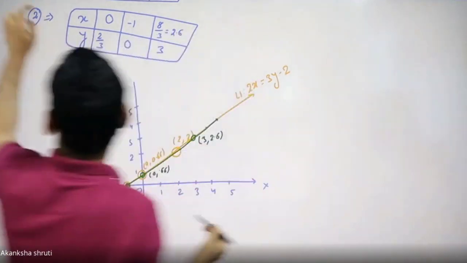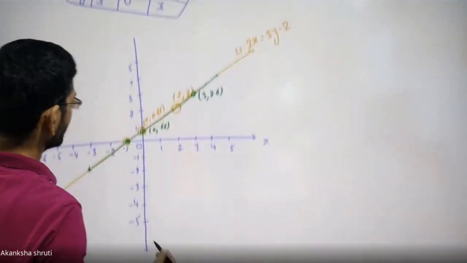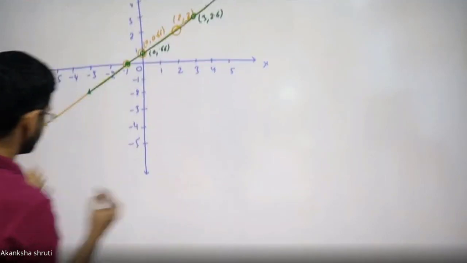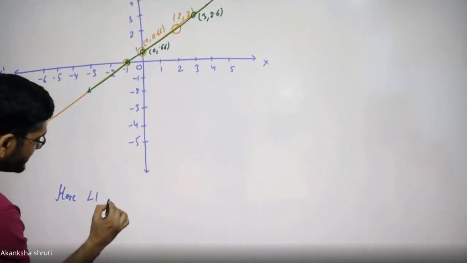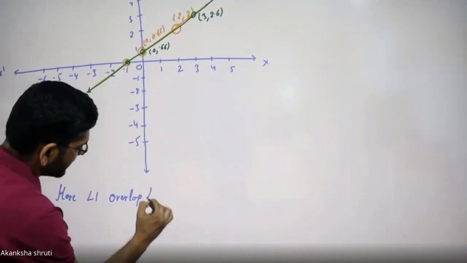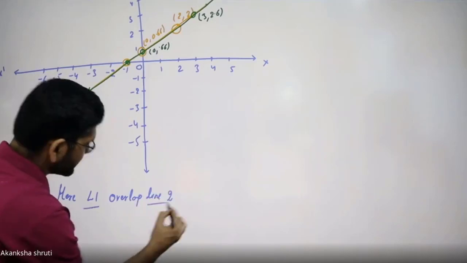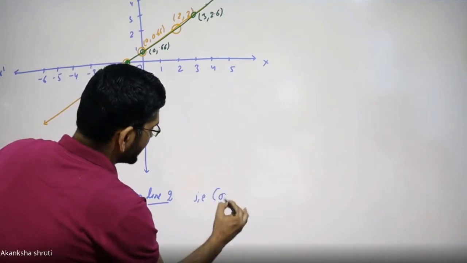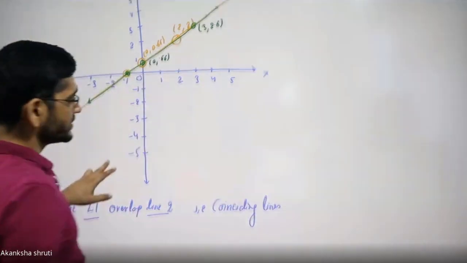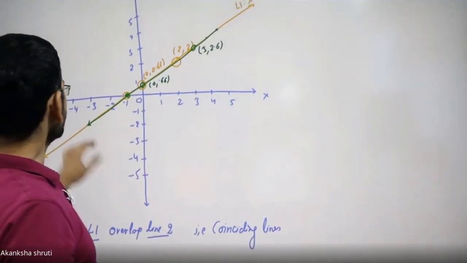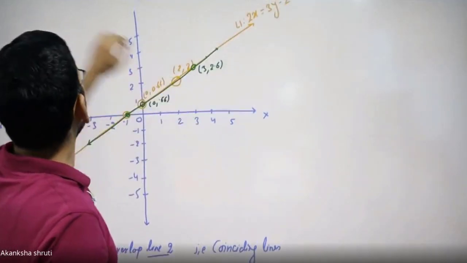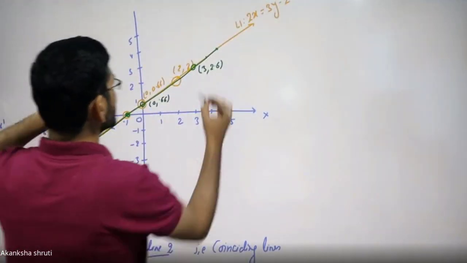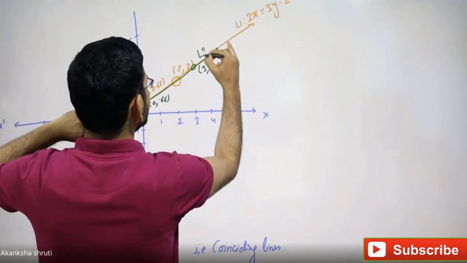So what we have observed, let us write. Here, line 1 overlaps line 2. That is, they are coinciding lines. In this case, whatever solution of the first line you have taken, all will also satisfy the second line.